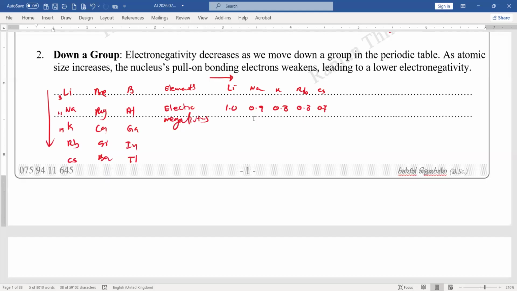Normally, we have exceptions, because science is not happening according to our rules, but we are setting rules by studying the nature.